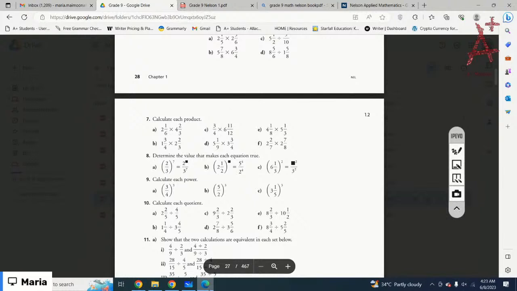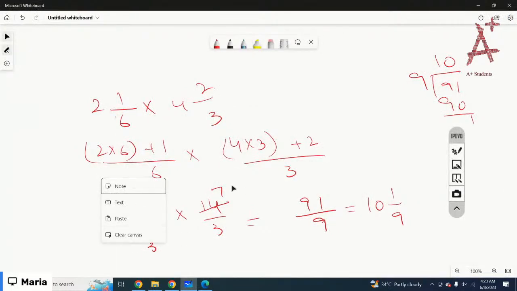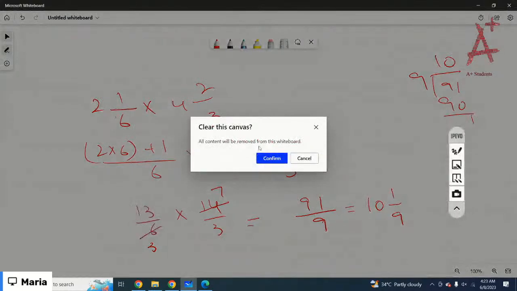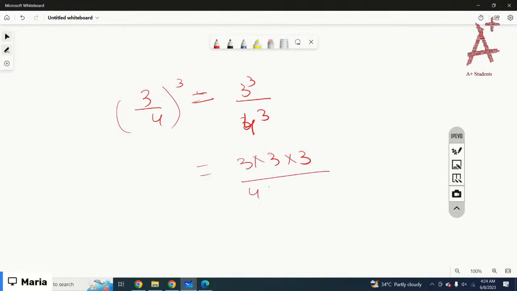The next one is calculate each power. Question number 9 is 3 over 4 exponent 3. So basically the exponent 3 applies to both the numerator and denominator. Exponent 3 means you have to multiply the same number 3 times.